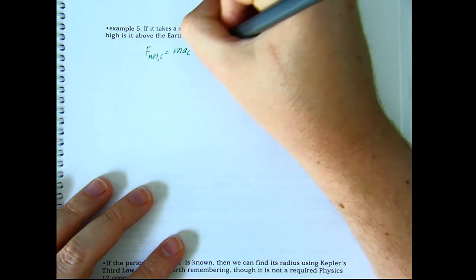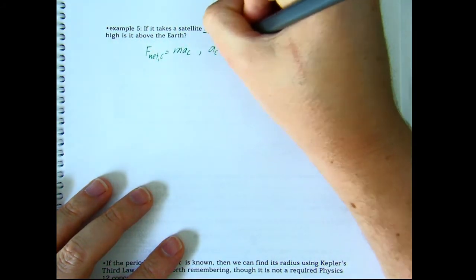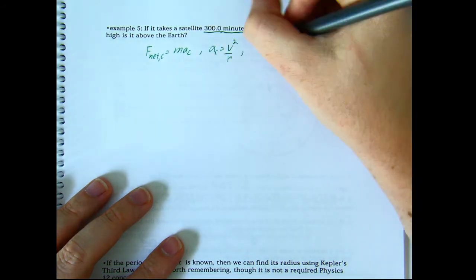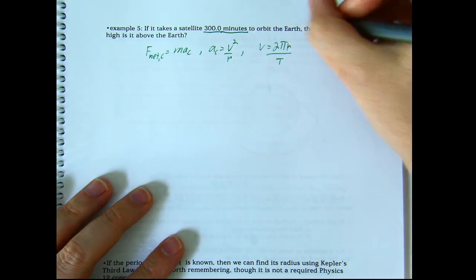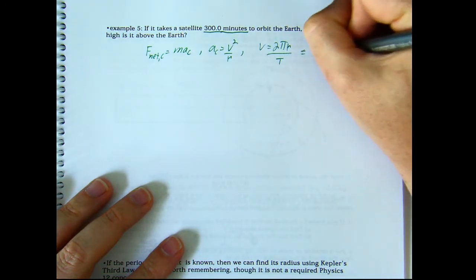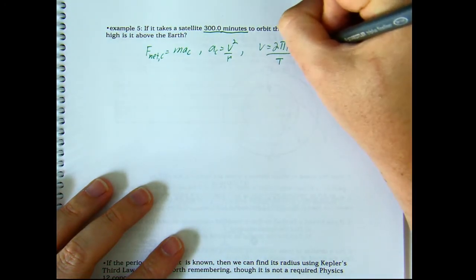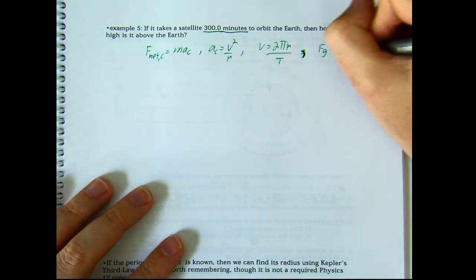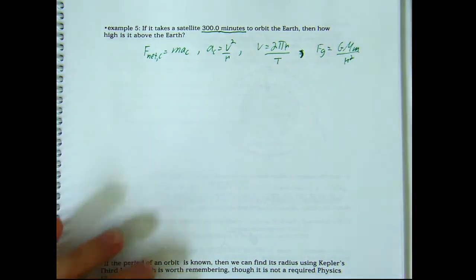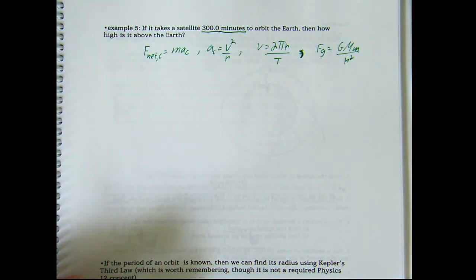We've got a_c equals v squared over r. We've got v equals 2 pi r over T, and we're going to need F_G, which equals G M m over r squared.